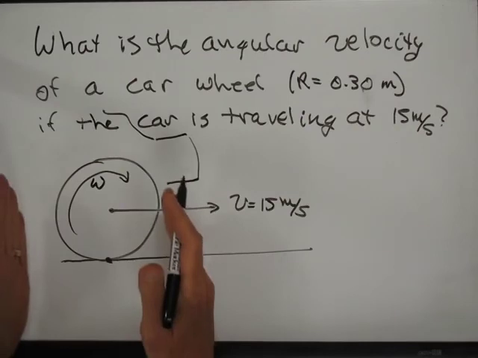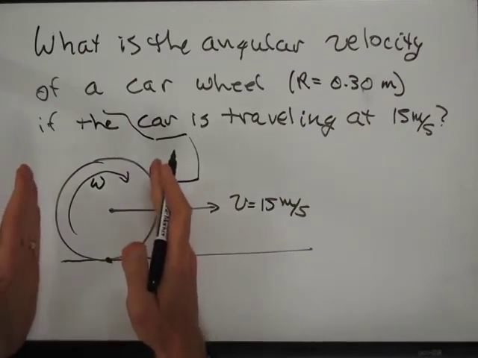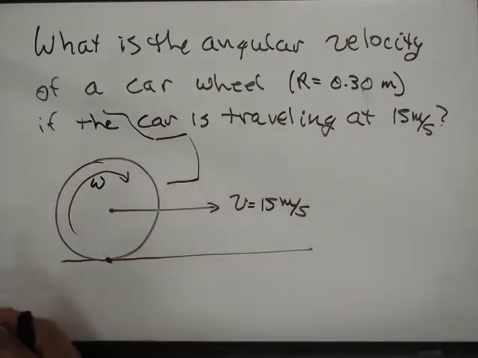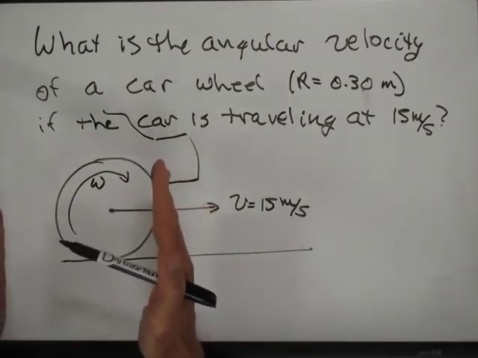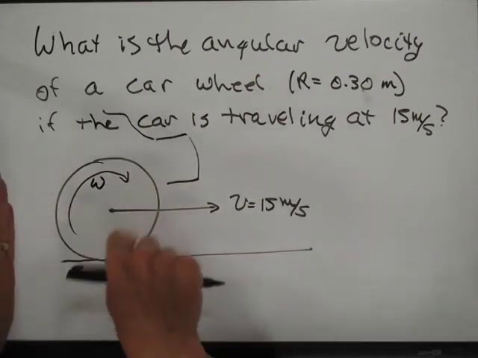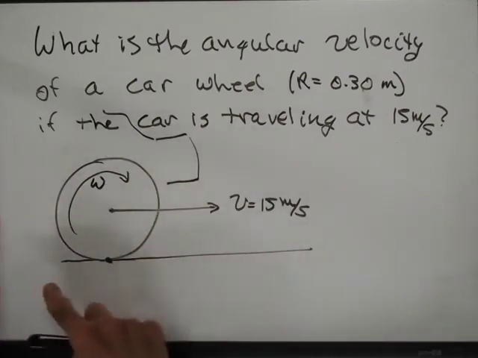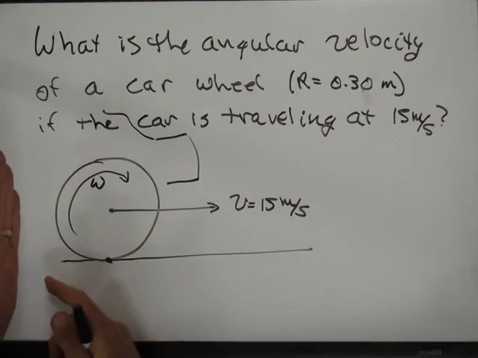What I'm going to ask you to do is imagine the car was stationary and the ground was going by at 15 meters per second. So if you had a camera moving with the wheel, you would see the wheel spinning like this and the ground going past the other way at 15 meters per second.